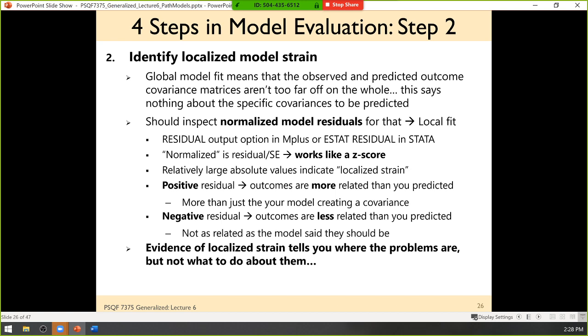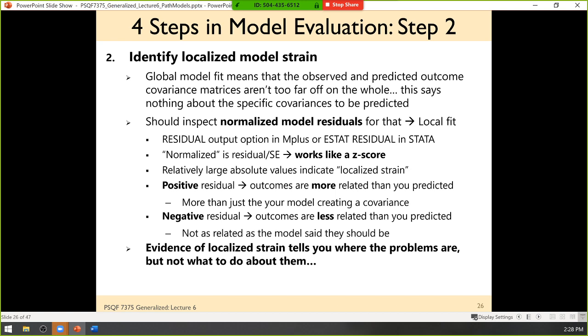And fortunately, software makes this very easy for you to do. There's residual options available in all of the programs that spit out the match. They give you the data covariance matrix and the model predicted ones and the discrepancy between the two. So it will highlight then any covariances that are not predicted adequately that are the cause of the model misfit.